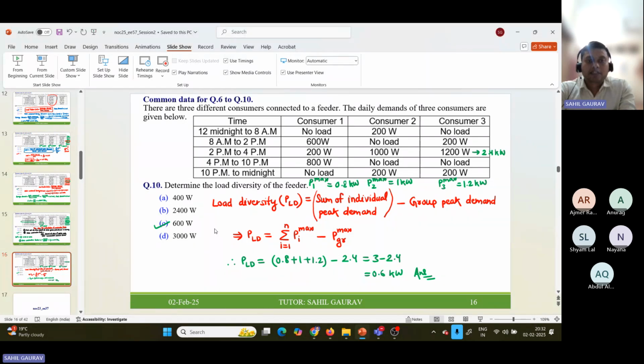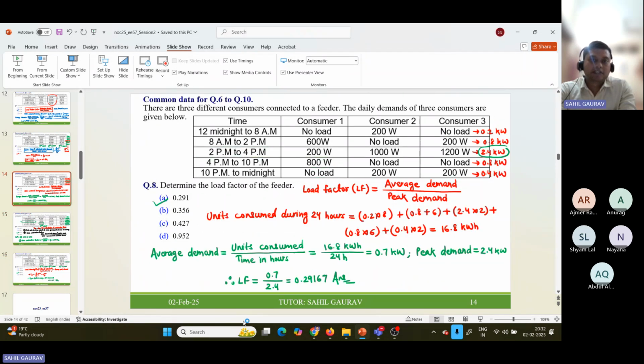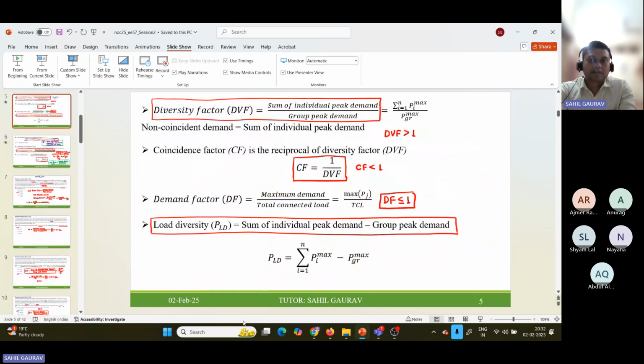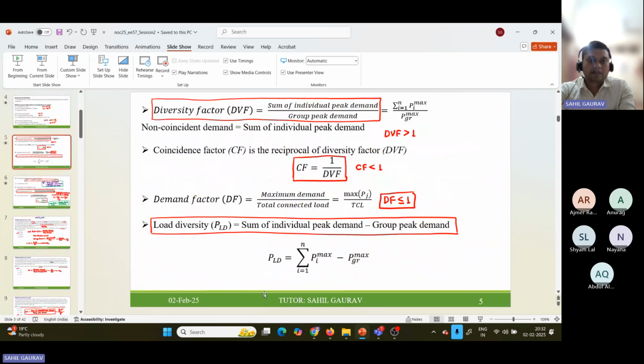And if they are asking for the factor, then you will get the answer as a fraction. So this is a minor difference. For the diversity factor, you have to take the fraction, the sum of individual peak demand upon group peak demand.